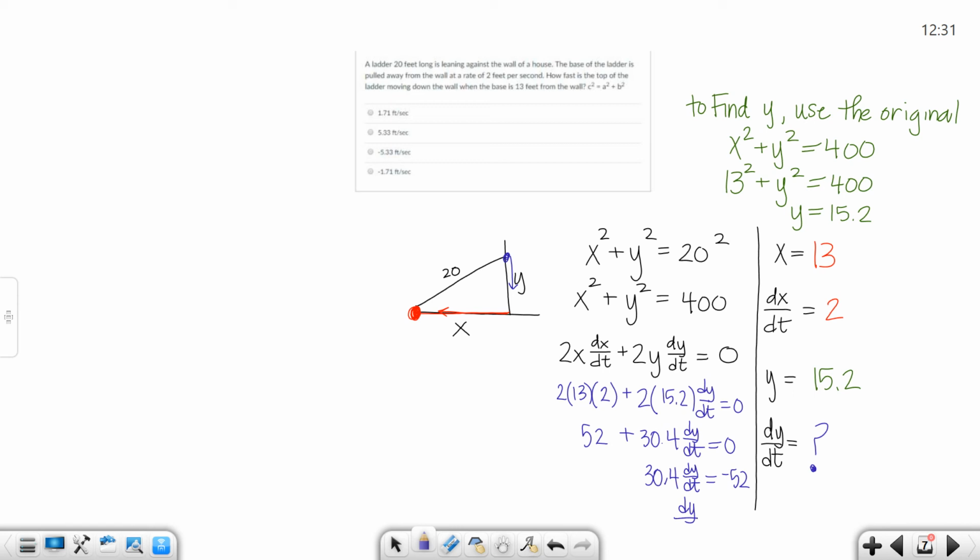So dy/dt equals negative 52 over 30.4. And if you divided that out, you got a negative 1.71. So this would be your answer. Now you'll see up there an answer of 1.71. I'm not going to trick you with that. They tricked you with this during the semester in the MyMathLab homework. So positive 1.71 won't be an option there, but it is falling. And since the ladder is falling, its derivative or its rate should be negative. And that's how we would do that one.